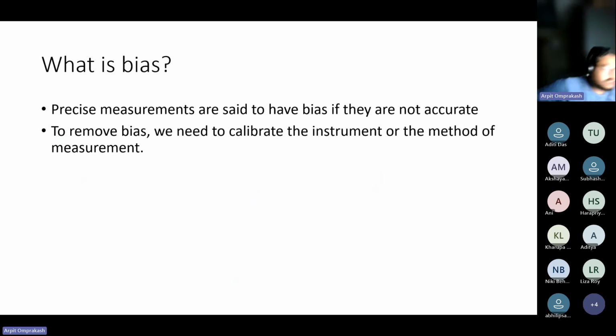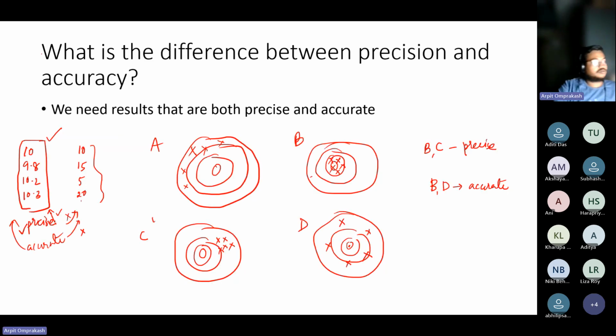So the next thing we need to know is something called bias. For example, in the case of C here, C has very precise measurements, but it is not accurate. So the distance from the actual value to where exactly we are getting a value here is basically called the bias. For example, in the case of the table, let's say a third friend came and measured the table and he measured 15.1, 15.4, 14.7, 15.8.